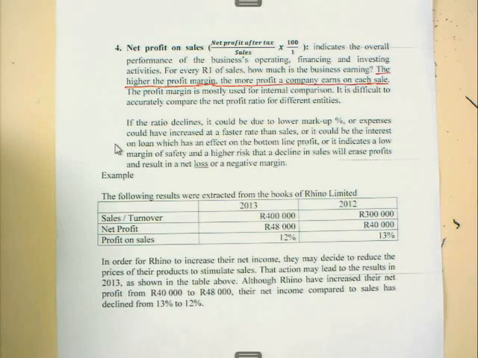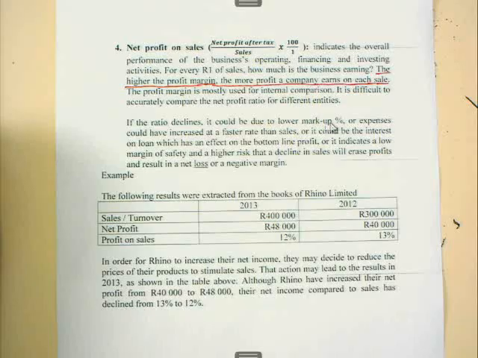When you calculate the net profit on sales and you compare it to the previous year, and you find that the one you calculated for the current year represents a decline compared to the previous year's ratio, then you must know it could be because of the following reasons.